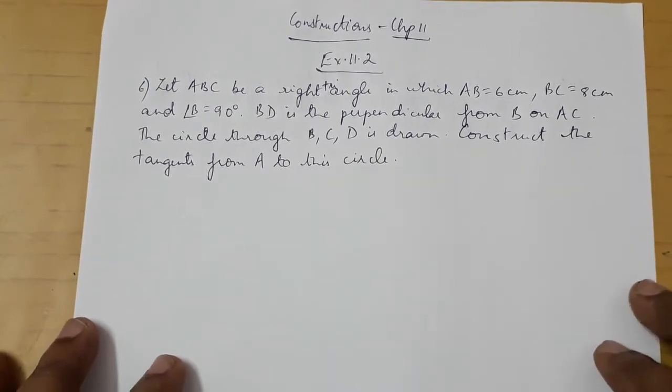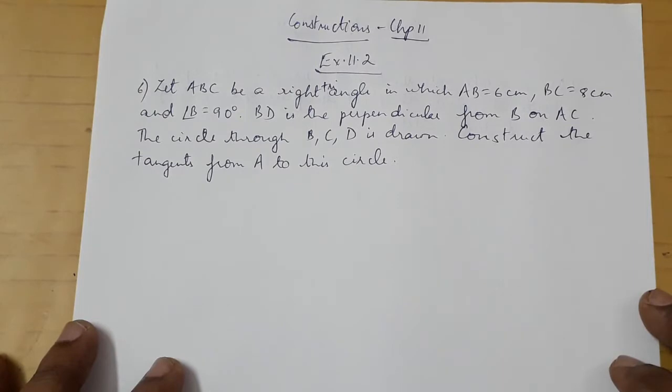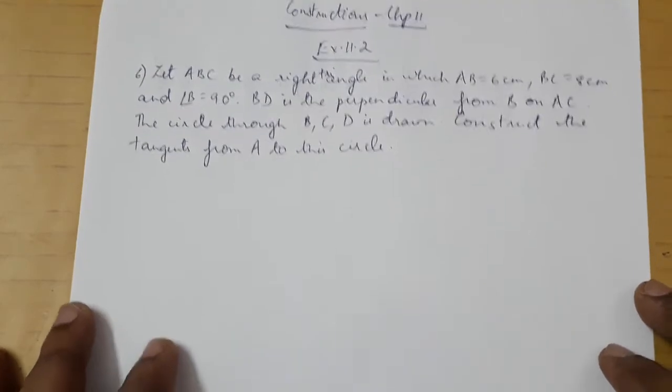So let's begin with the first sentence, which says let ABC be a right triangle in which AB is 6 centimeters, BC is 8 centimeters and angle B is 90 degrees. So we'll take BC as our base, and to construct the right angle triangle, let's construct BC equal to 8 centimeters first. We can do that with the help of a scale.